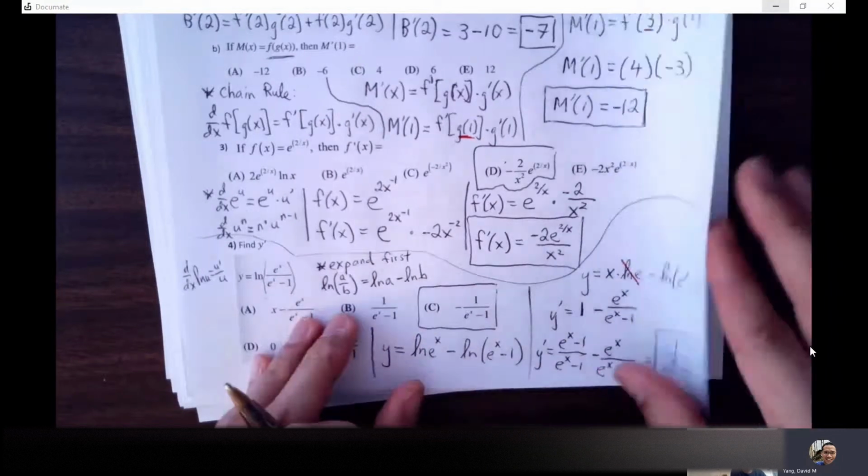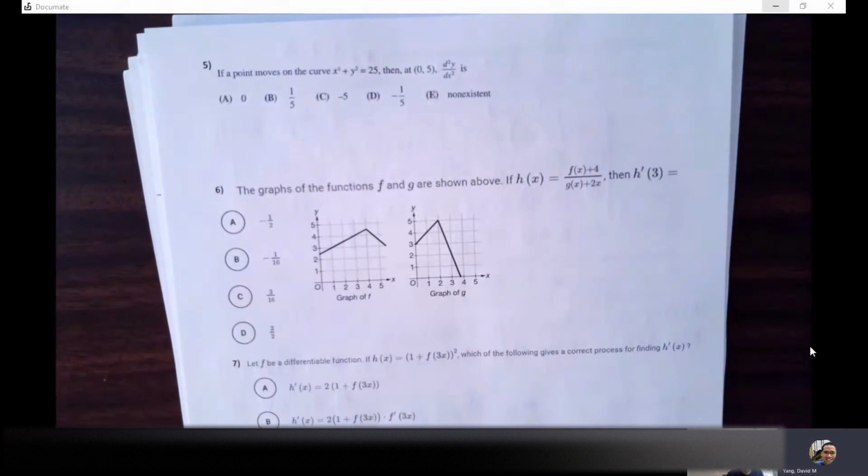Back page, number 5. It says if a point moves on the curve given by x squared plus y squared equals 25, given the ordered pair 0, 5, find d2y over dx2.